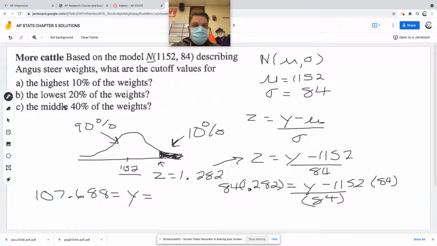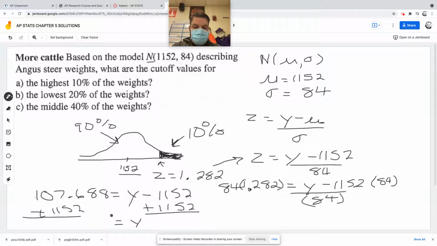minus 1152. I need to add 1152 to both sides. And I get y equals, so I'm going to add 1152. 1,259.688.